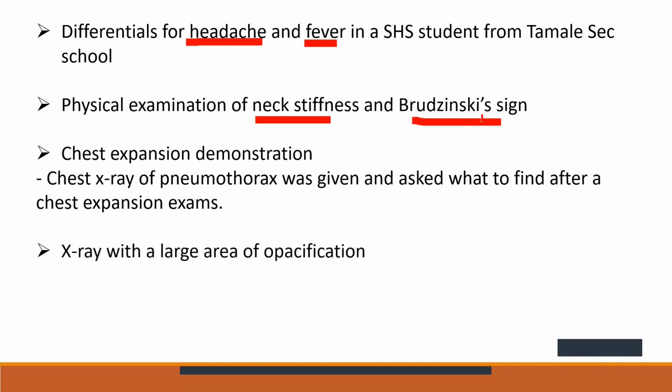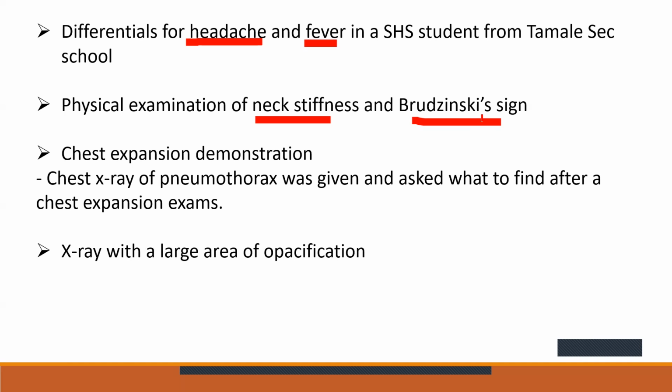Then an x-ray of a large area of opacification. So again, it looks like it's the same kind of question, right? Opacification means some kind of whitish appearance on the x-ray, whereas in pneumothorax it will be more dark, right? But when there's fluid or consolidation and things like that, you can see some opacification.